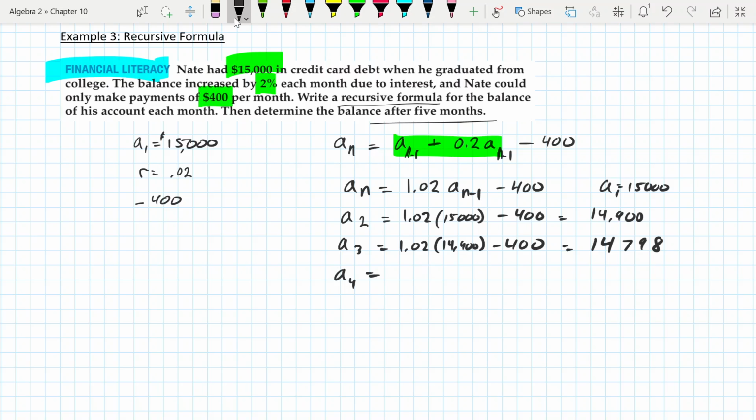So the fourth one is going to be 1.02 times 14,798 minus 400. Here, now we're getting some change in here: $14,693.96.